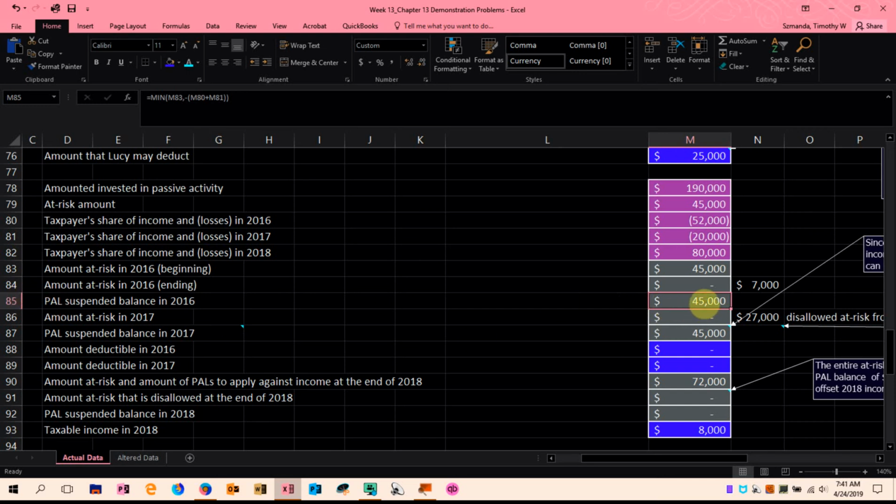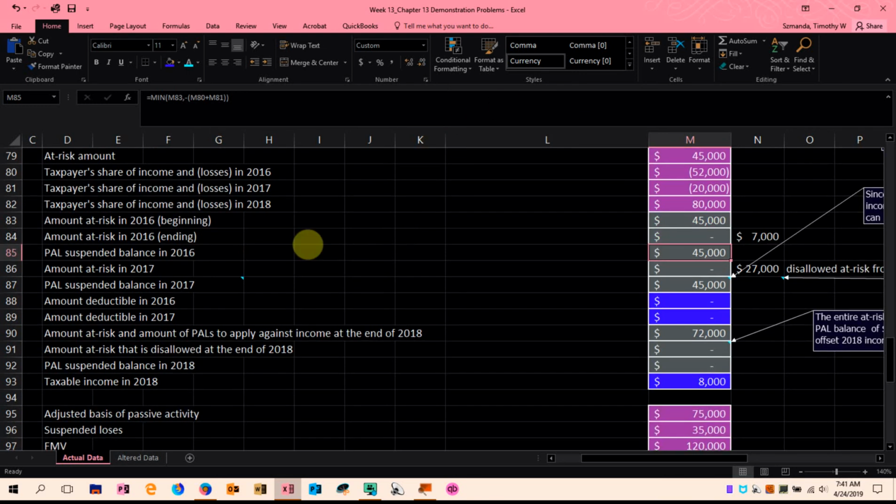So just remember, we have to keep these two balances in mind. On to 2017. The at-risk amount for 2017 is 0 because the ending at-risk amount in 2016 was 0. Therefore, we start with no amount at risk. So again, we're looking at the at-risk rules first.